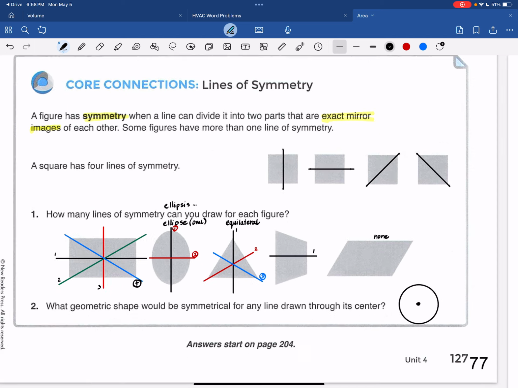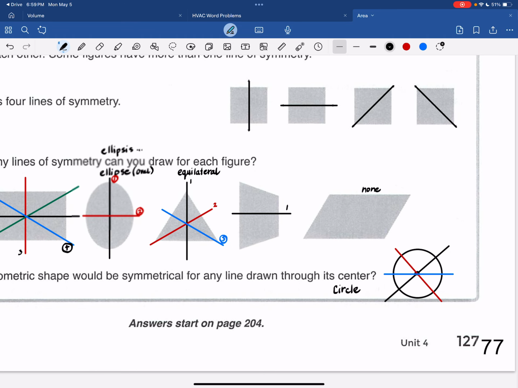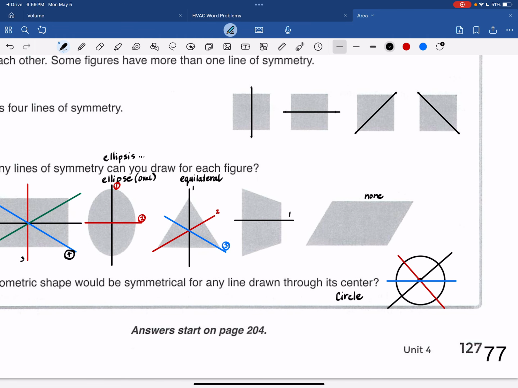And it doesn't matter which direction you draw it, if it's passing through the center, you have infinite lines of symmetry here, because you could keep drawing these all day long and you will get infinite lines of symmetry. So a circle is the answer they're looking for. As long as it's passing through the center, not like the ellipse. The ellipse is not circular, it's oblong. But the more perfectly round this is, the more lines of symmetry you can get.